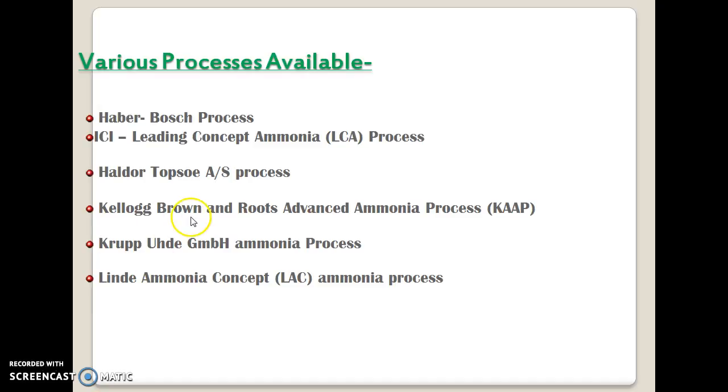Now there are different people who tried to make it more economical. As you reduce the pressure and temperature requirement, obviously the cost of ammonia will be less. So you can see the processes: ICI, leading concept process, Topsoe process, Kellogg Brown process, Krupp Uhde ammonia process, and Linde ammonia concept process.